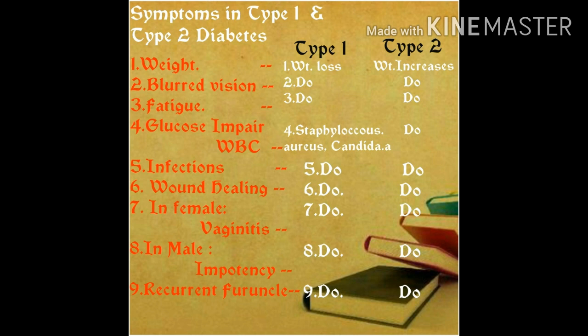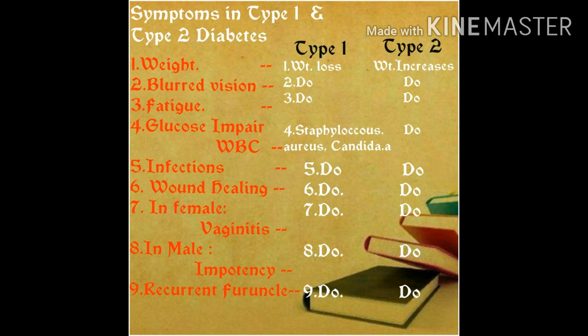Second symptom is blurred vision, which can be found in type 1 and type 2 diabetes due to the complication of retinopathy. And next one is fatigue. It also can be found in both type 1 and type 2 diabetes. And next one is glucose impairing WBC. See what happens when glucose is in excessive amount in the body, it hampers the WBC functioning, and WBCs help to protect us from various diseases, as they play an important role in immunity.